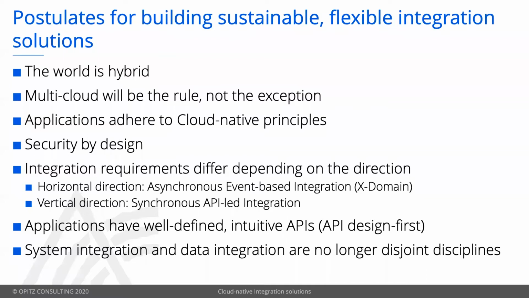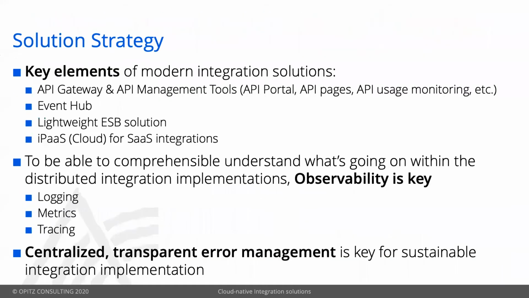As I said, we have horizontal and vertical integration directions. On a horizontal direction, we have asynchronous event-based integrations. On a vertical, we have synchronous API-led. And we also need well-defined, intuitive APIs which are driven by the business today when we do synchronous API-led integration. And as I said before, system and data integration are no longer disjoint disciplines.